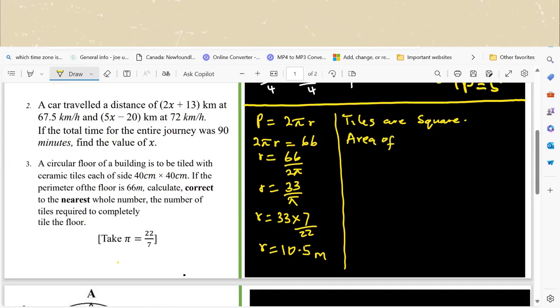of a tile is L squared, which is 40 squared. All right.